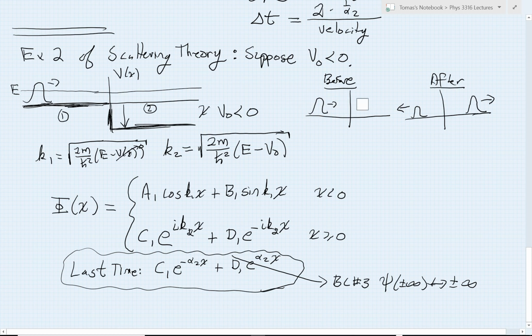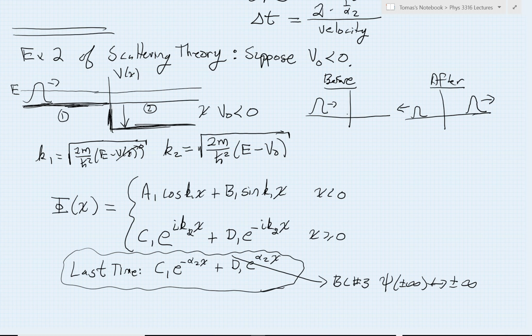There's probability for either case, but I somehow arrange so that there is this probability on the far left and on the far right end of finding my particle, and these probabilities are moving slowly toward the origin. That's an interesting starting condition. We could maybe set that up, but it's not actually the type of starting condition that we have in mind. It's not the experiment that we are trying to analyze.